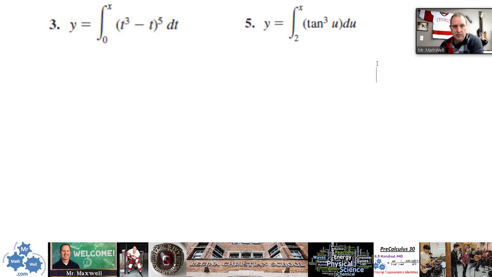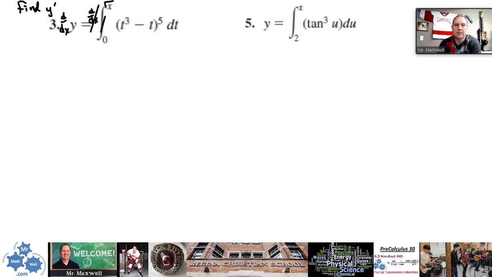All right, so I'll show you just how easy this is here. Now, if I want to find y prime, take the derivative with respect to x here, the derivative of both sides. Well, what does that do? This gets rid of the integral.